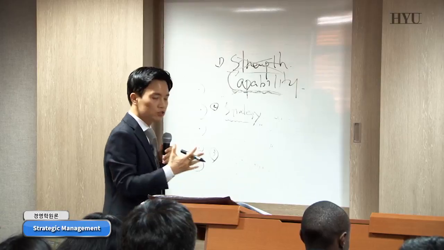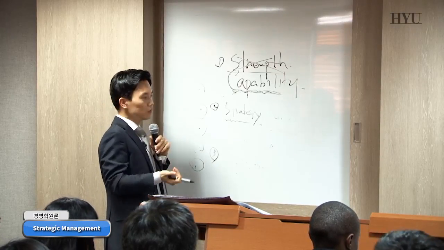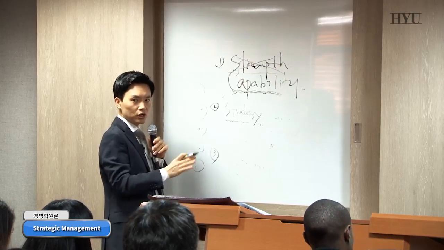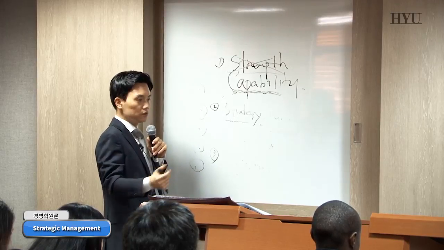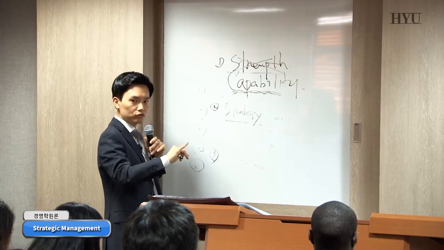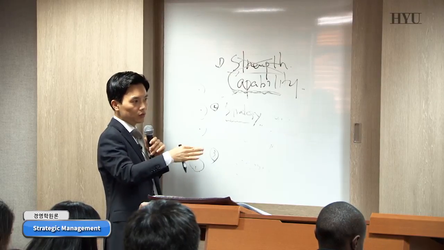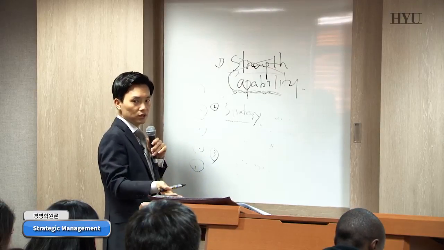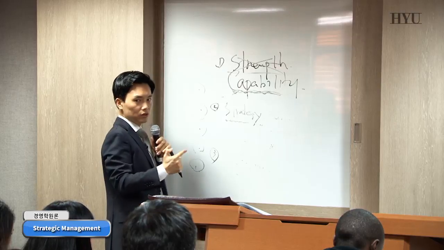Yeah, so benchmark or not, of course, it is up to you. I mean, in strategy, a lot of companies are actually imitating each other a lot. So if Samsung does this and Intel does the same, just like Apple and Samsung, they are doing quite the same. So at the end, they look like they are choosing different strategies, but they are just doing the same thing. So that's why they copy each other a lot.